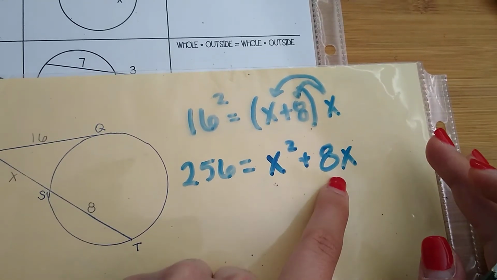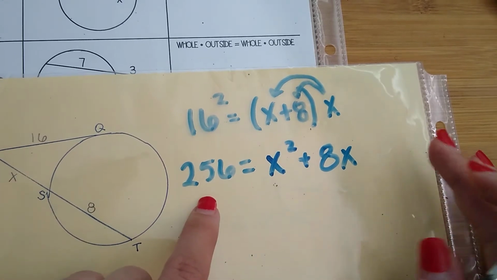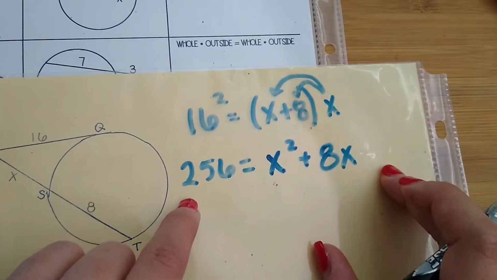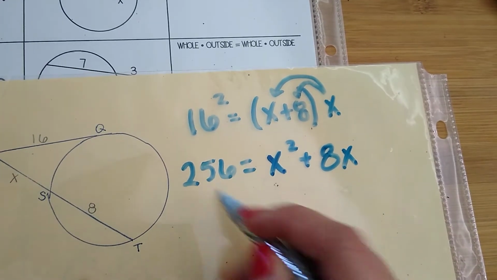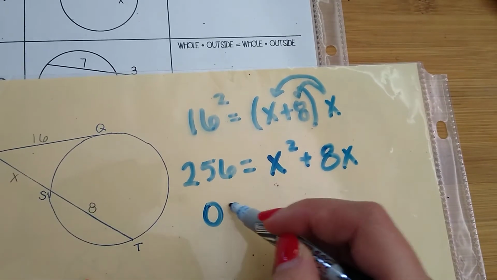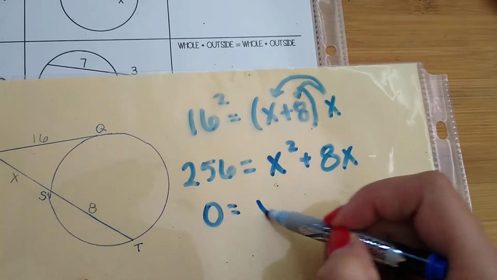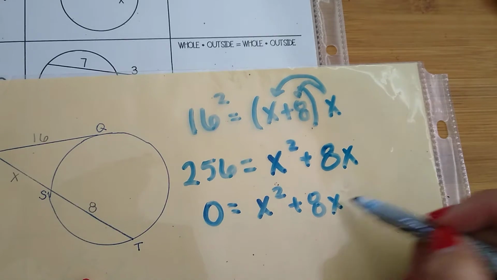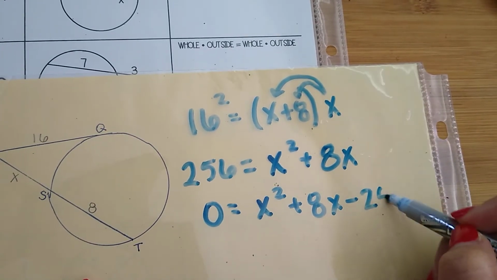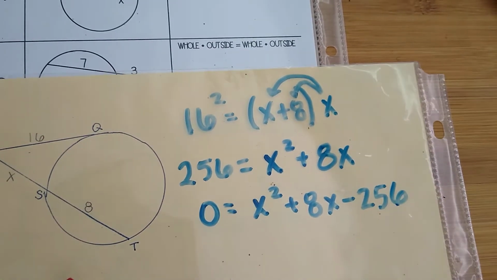But in this case, if I were to move this 8x over here, then I have variable and variable on both sides, and that's just not going to get me anywhere. So I'm going to subtract this and move it over here. So I'm left with 0 equals x squared plus 8x minus 256.